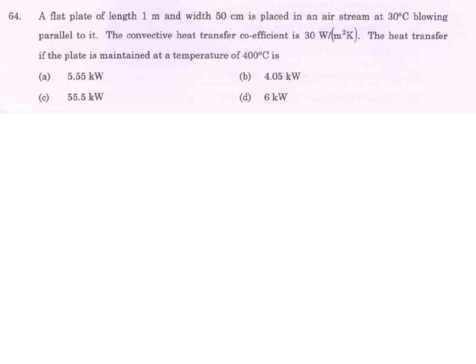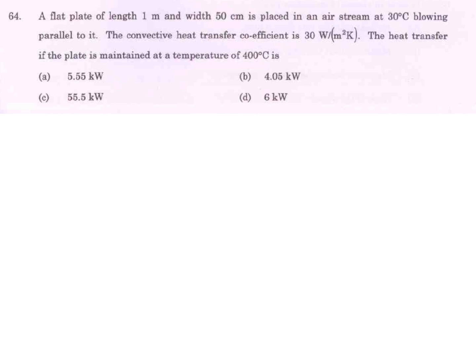A flat plate of length 1 meter and width 50 cm is placed in an air stream at 30 degrees Celsius, blowing parallel to it. The convective heat transfer coefficient is 30 watt per meter square Kelvin. The heat transfer if the plate is maintained at a temperature of 400 degrees Celsius is how much?